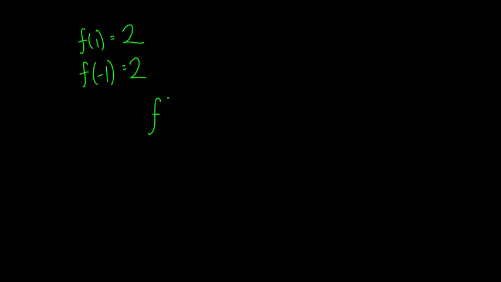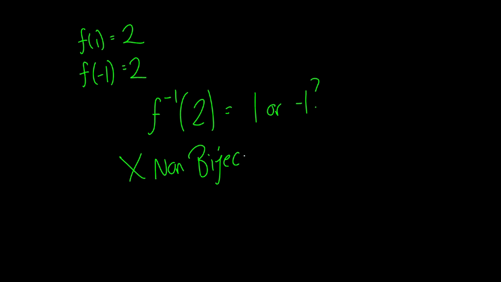But then, what does the inverse of 2 go to? Does it go to 1 or does it go to negative 1? Because it can't go to both. So what does it go to? And that's a difficult question to answer. So we say, well, okay, let's just say no to non-bijective functions and only work with bijective functions for inverses.